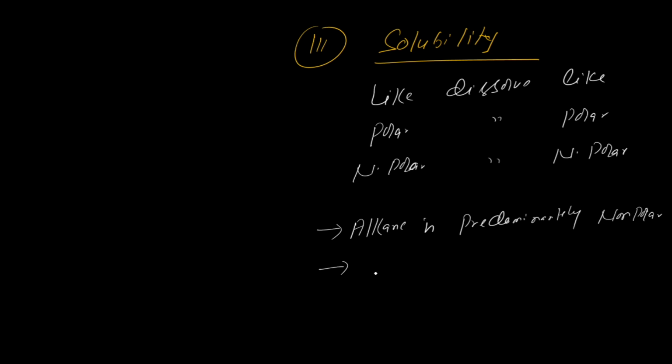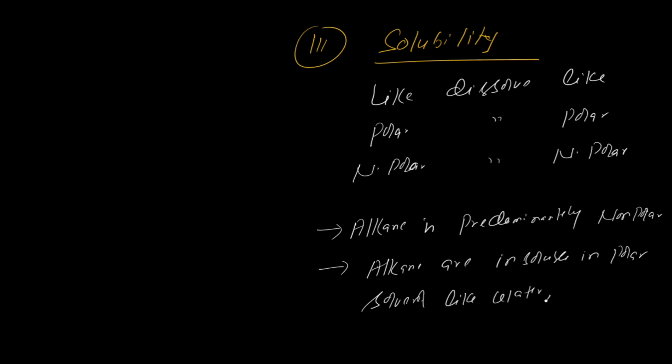So alkanes are insoluble in polar solvents like water. Alcohol is also a little bit polar, so we can also write alcohol.